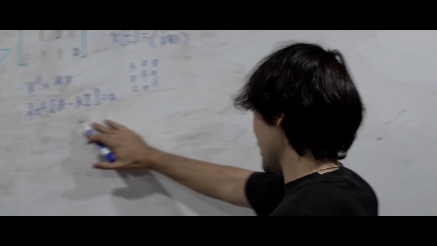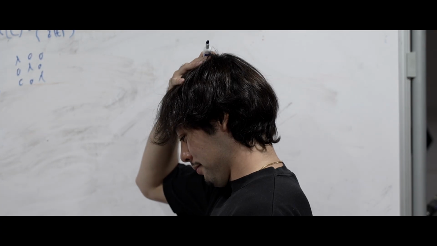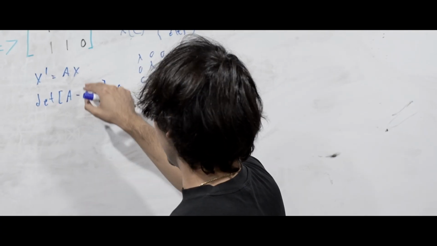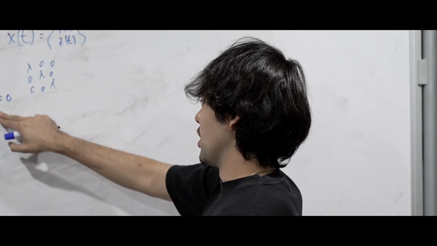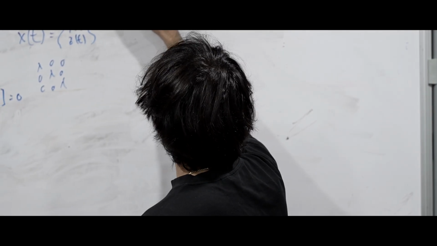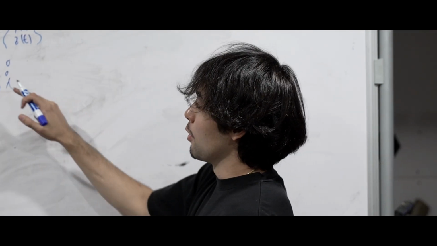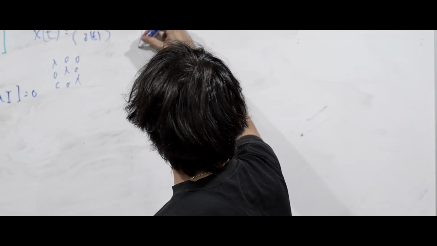That's our I, that's our shape. So what we want to do here is take our A and subtract lambda times our shape. Since we have this diagonal pattern, we're just going to fill in all these diagonal zeros with lambdas. So this is what we're going to end up getting.